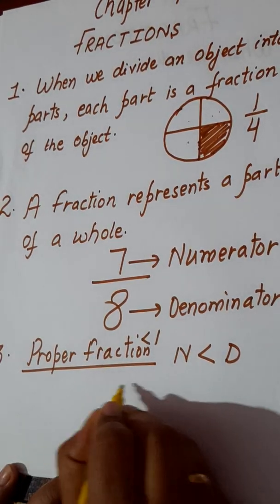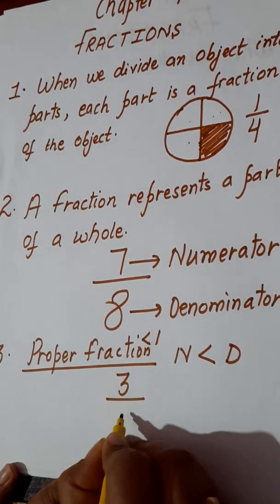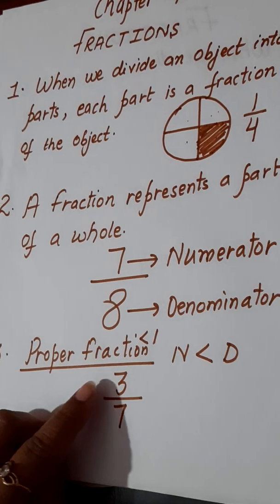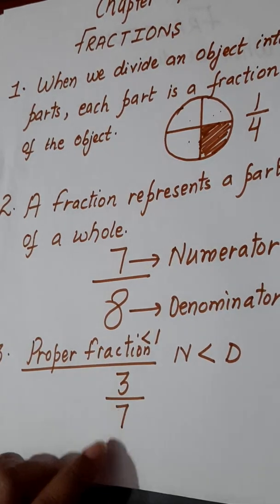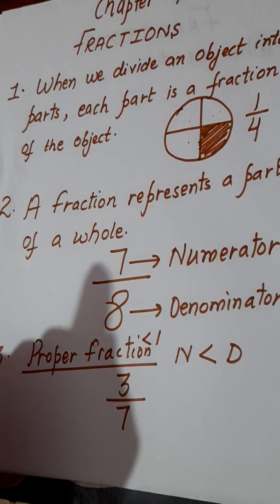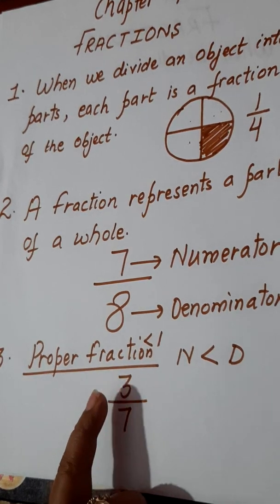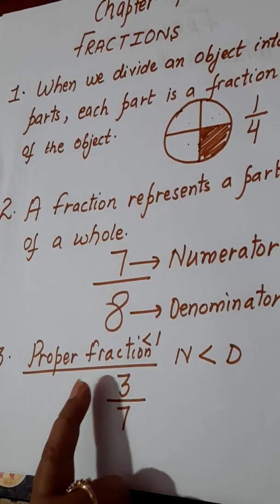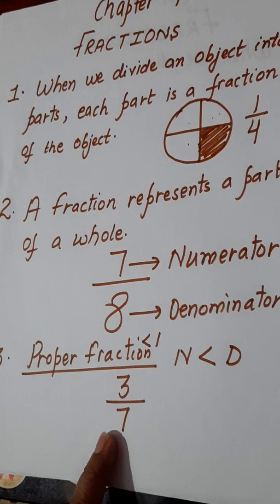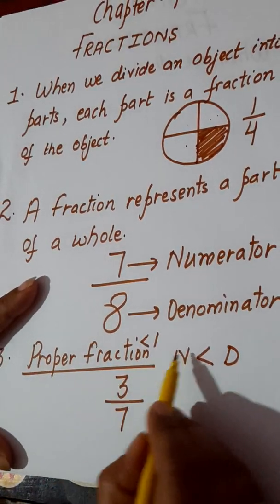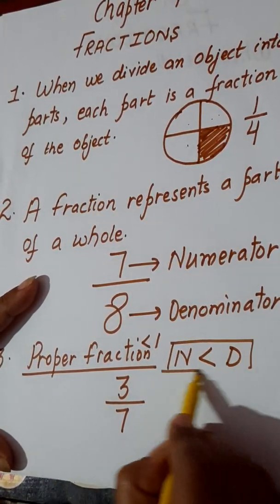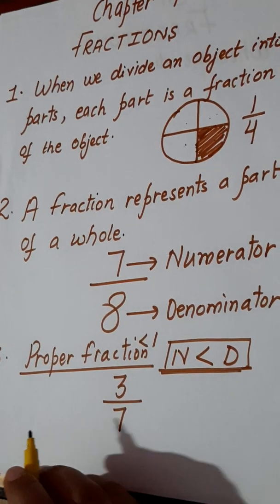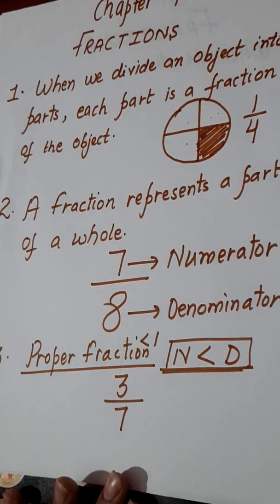So for example, if I write 3 upon 7, here 3 is the numerator, 7 is the denominator, and 3 is less than the denominator, and a proper fraction is a fraction in which the numerator is lesser than the denominator. So this is an example of a proper fraction.